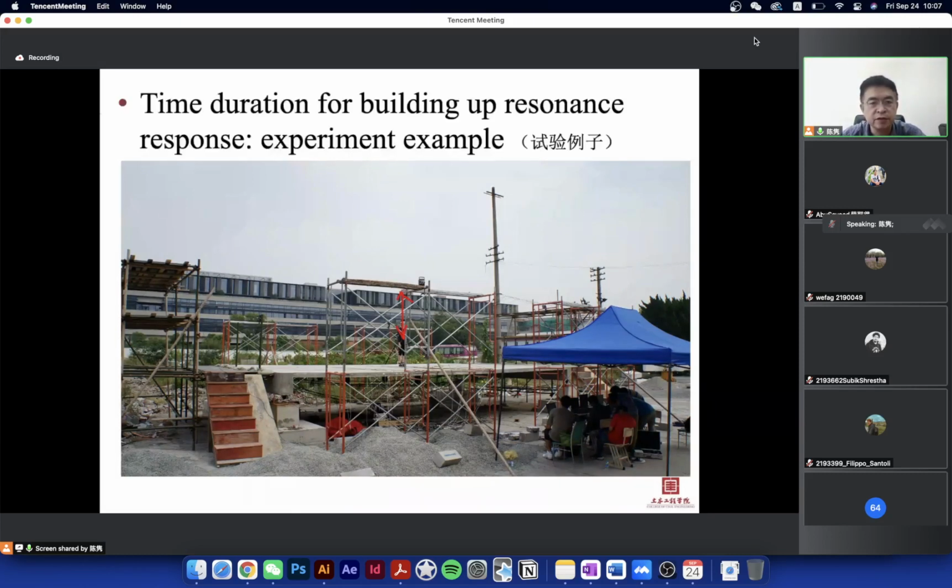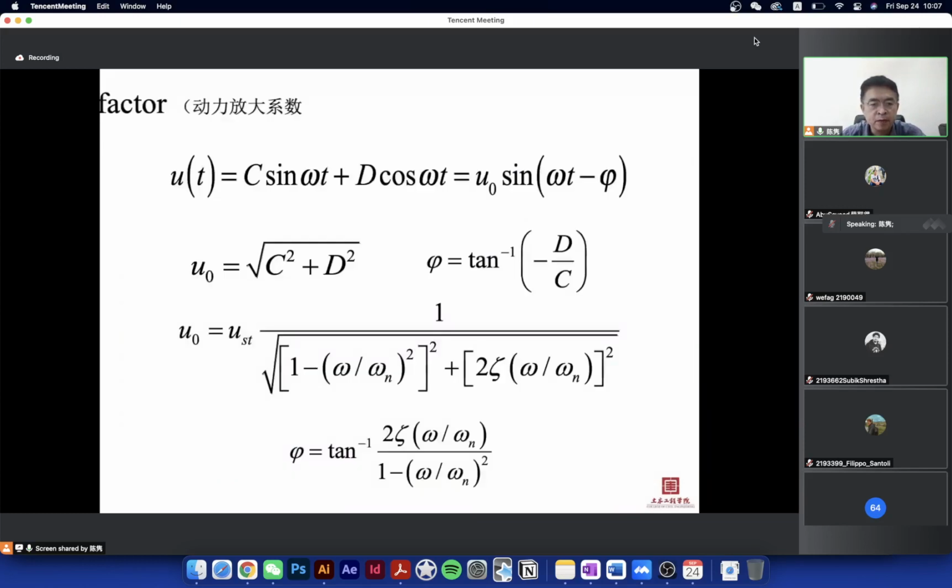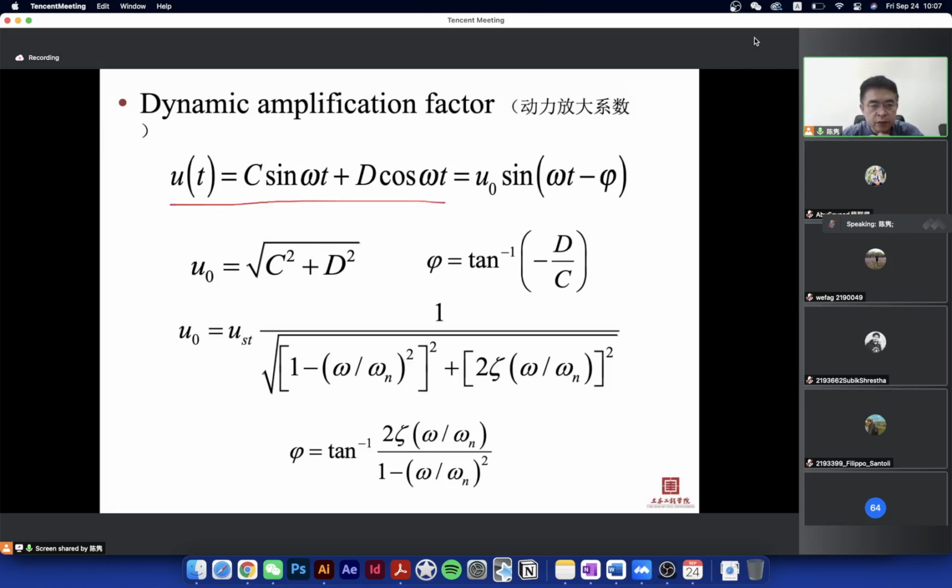Let's summarize this. Again, we have the dynamic amplification factor. To summarize these expressions, we know the particular solution, or the steady state response, is like this. We don't consider the transient response.